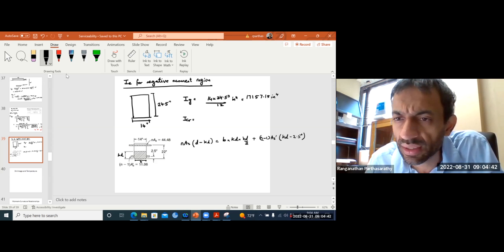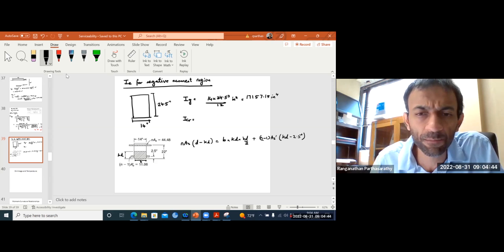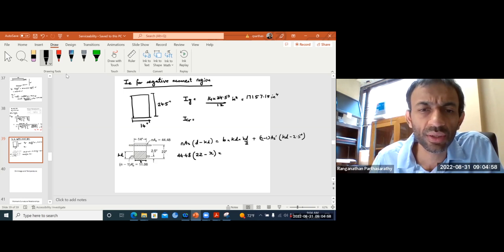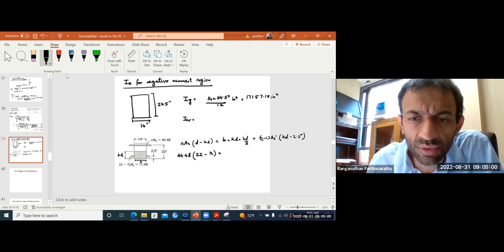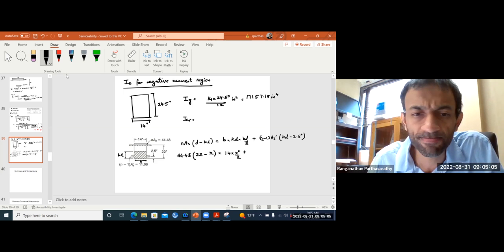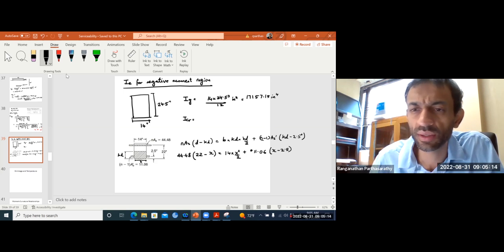So let's quickly solve this. 44.48 times 22 minus, let's just take KD as X, B is 14, X squared by 2, N minus 1 is, all this is 11.06 times, okay.